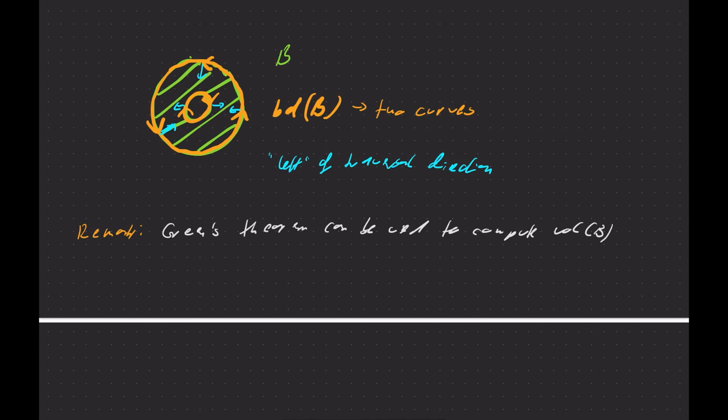So Green's theorem can be used to compute the volume of B if V is a vector field where this expression inside of the volume integral, dv2/dx1 minus dv1/dx2, is equal to 1. Or some other constant. Yeah, it doesn't have to be 1. Of course, you could also have some other constant that you could just take out of the integral, and then you wouldn't get the volume, but you would get constant times the volume. You just need to divide by that constant afterwards.